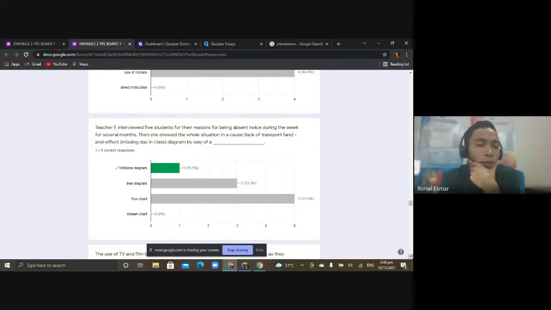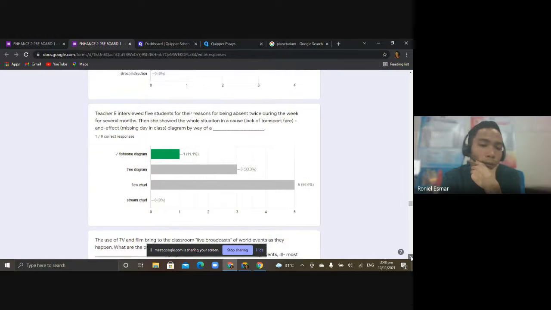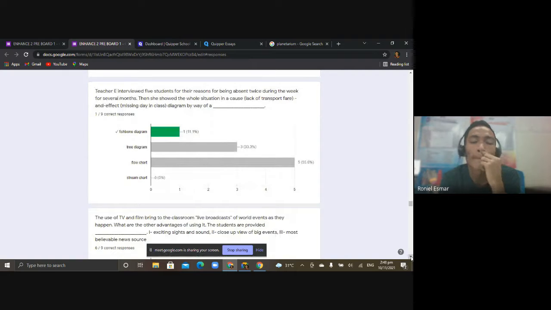Whereas the situation given to us is a cause and effect diagram. So therefore, the correct answer for this is the fishbone diagram. Identify the cause, and the bones of the fish will lead us to the possible consequences, or the possible effects. So that's why the answer for this is letter A, the fishbone diagram.